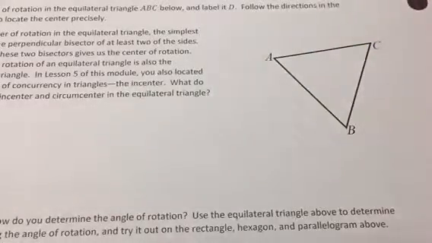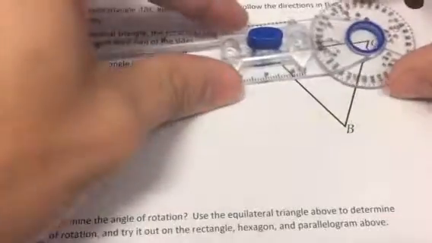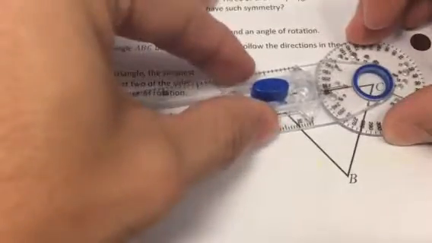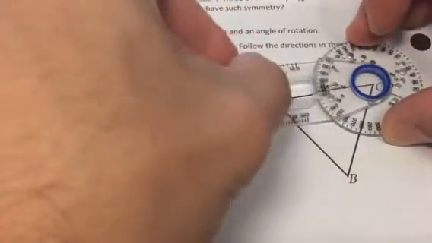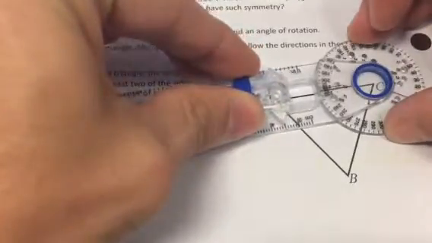So let me show you right now how to do this. What you're going to need to do is grab your handy dandy compass, line it up. Let me move this a little bit closer so you can see it. All right. So make C your center, make A your radius.